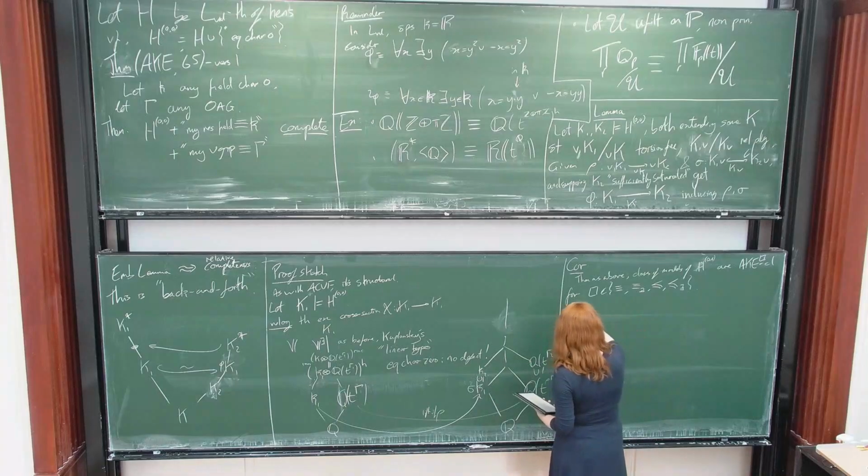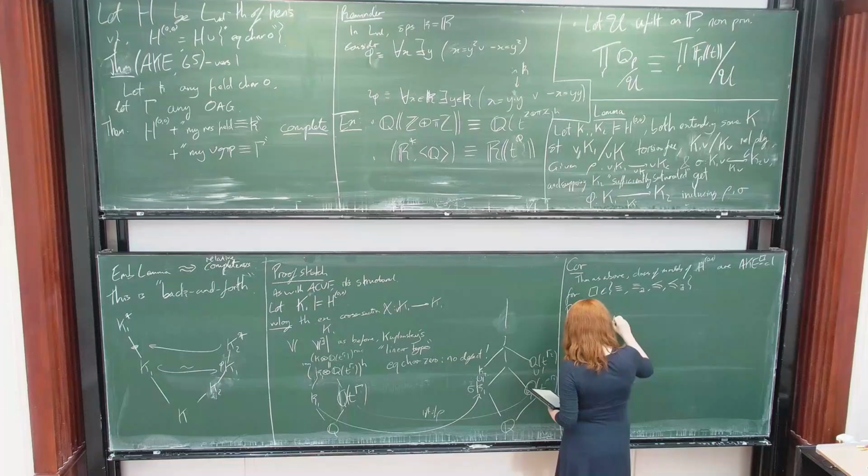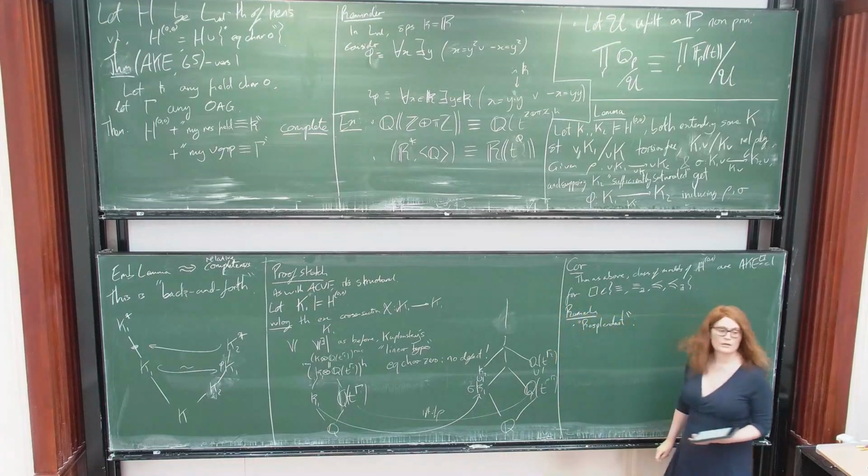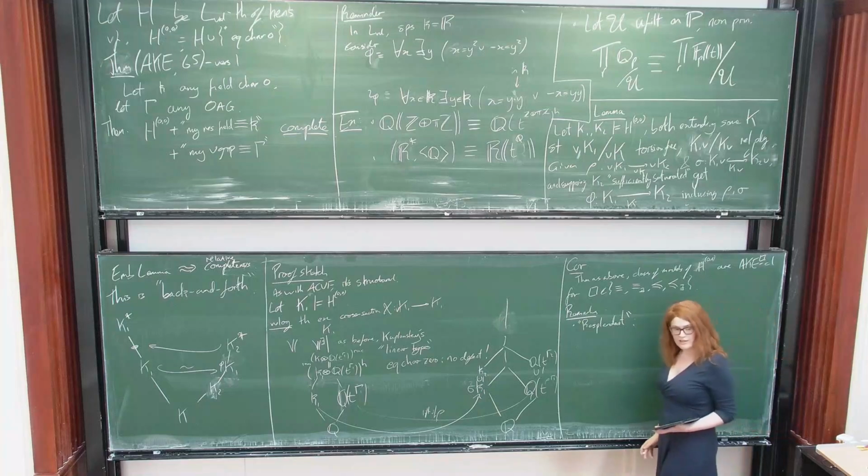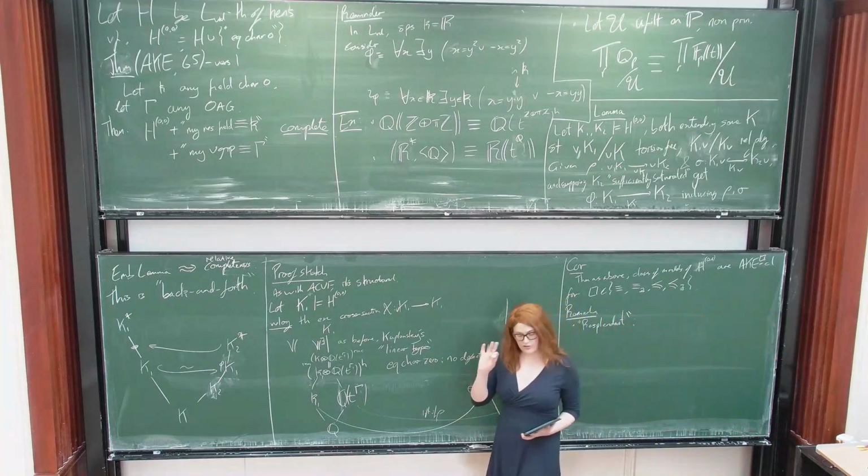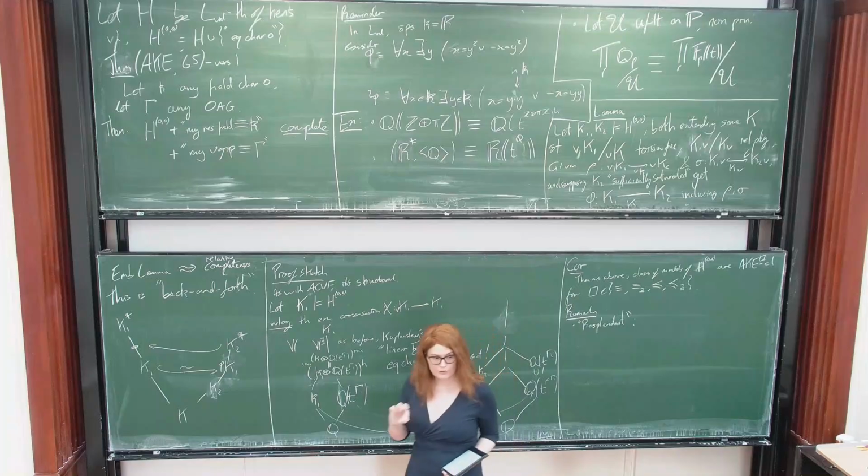Plenty of remarks. Right. This is all resplendent. What does that mean? We could work with richer structures than just residue fields and value groups.